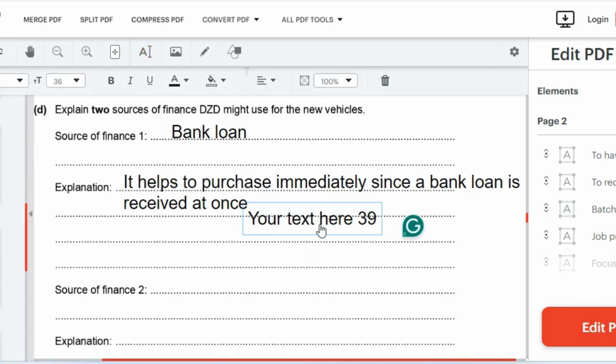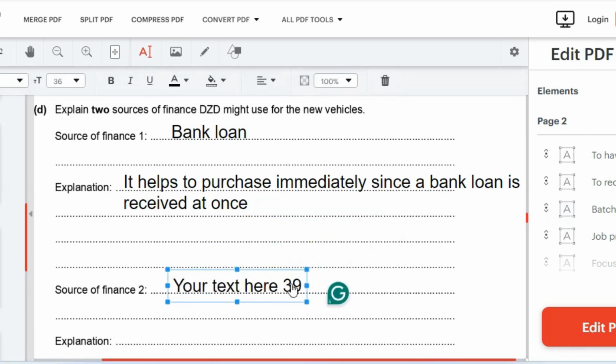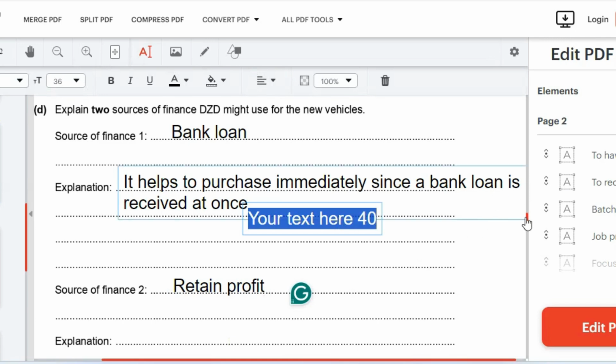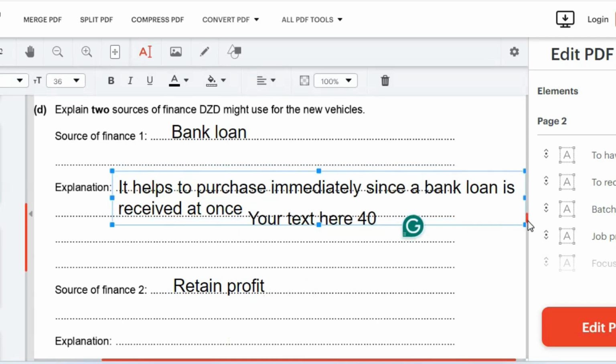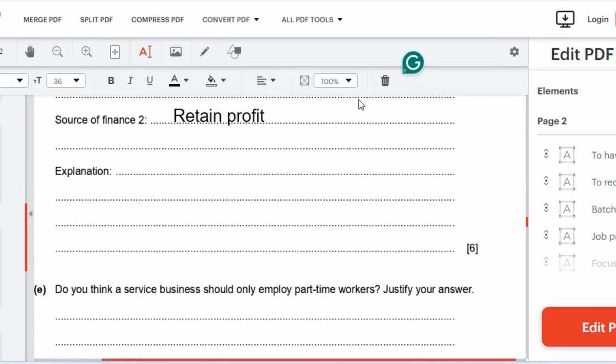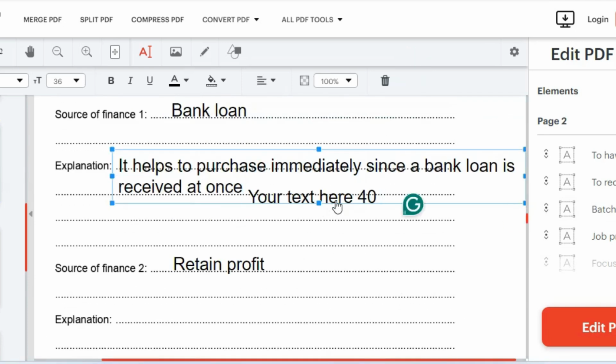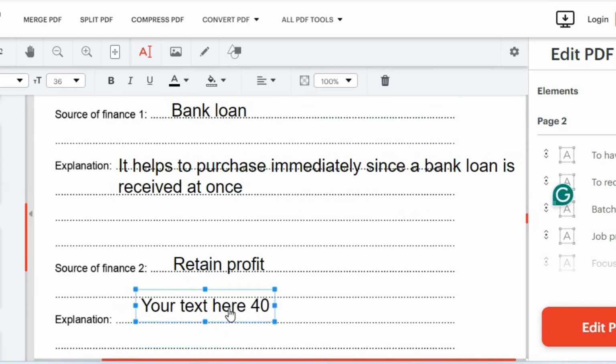Retained profit. And the explanation might be, let us put the text, the explanation here based on retained profit. Let's drag it here.